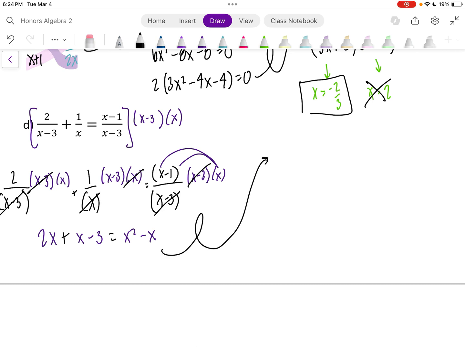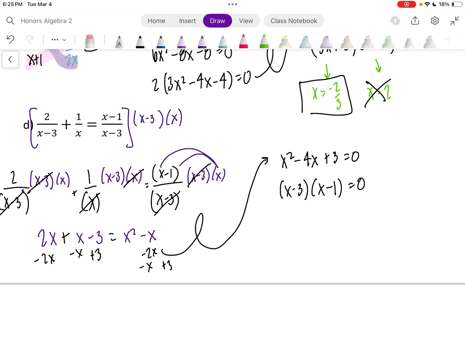So this is going to be minus 2x, and minus x, and then plus 3. So this is going to be x squared minus 4x plus 3 equals 0. Factor, so multiply to 3, add to negative 4, so that's going to be x minus 3, x minus 1. So in this case, we would have x equals 3 and x equals 1.